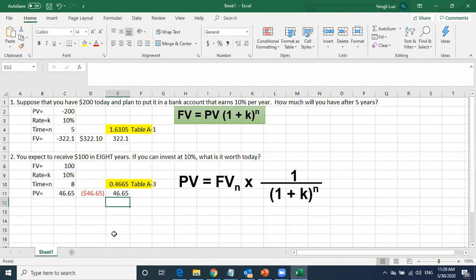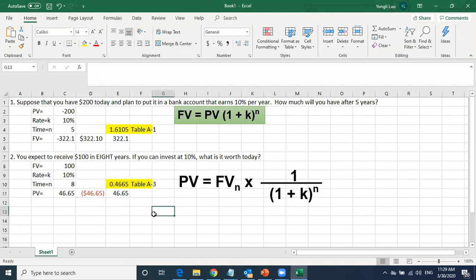Good. So now we have different ways to calculate the present value and the future value of lump sum questions. You can use the formula, use the tables, or just use an Excel spreadsheet with the present value and future value functions.